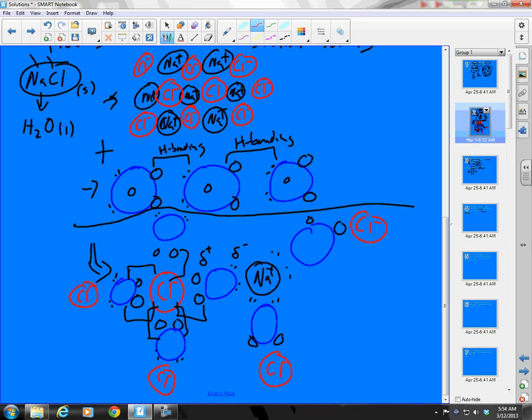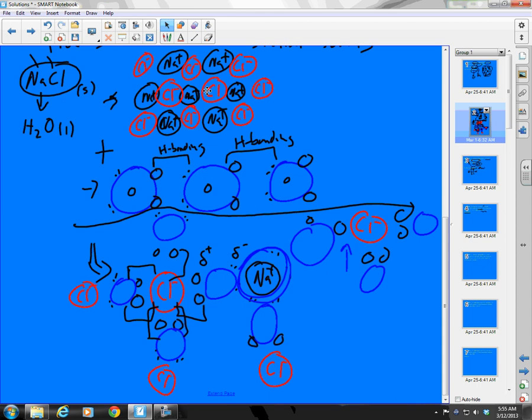And that's how my solution forms, where the positive side of my water surrounds my chlorides. Better surround this chloride, right? And the negative side of my water surrounds my sodiums. Good. And so that is what my final solution looks like.